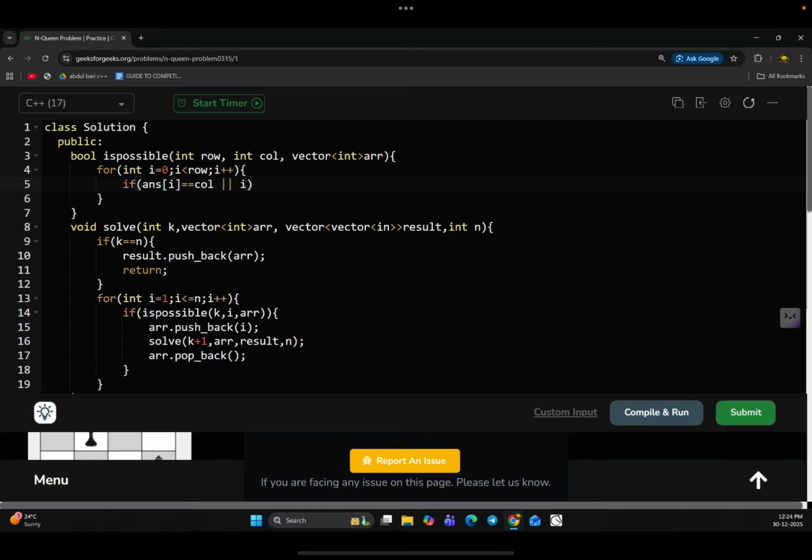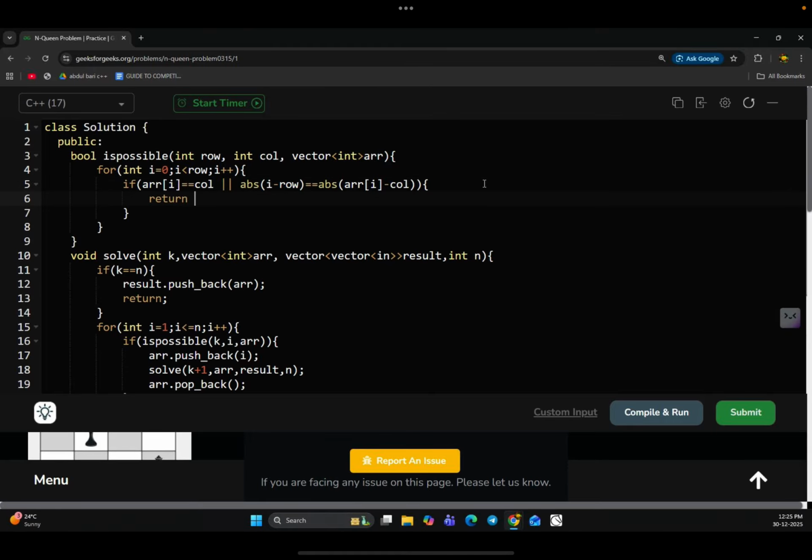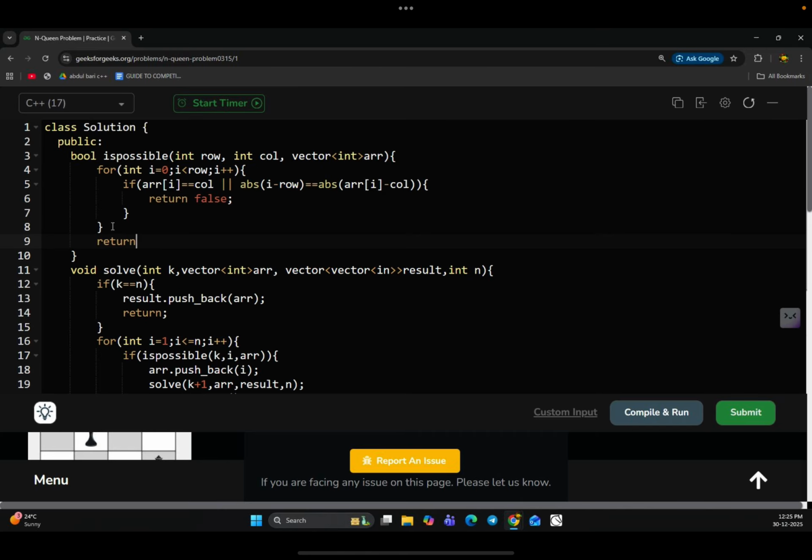So if row 1 minus row 2 is equal to column 1 minus column 2, but this should be absolute. If this is the case, then the queen cannot be placed there, so return false, else return true.